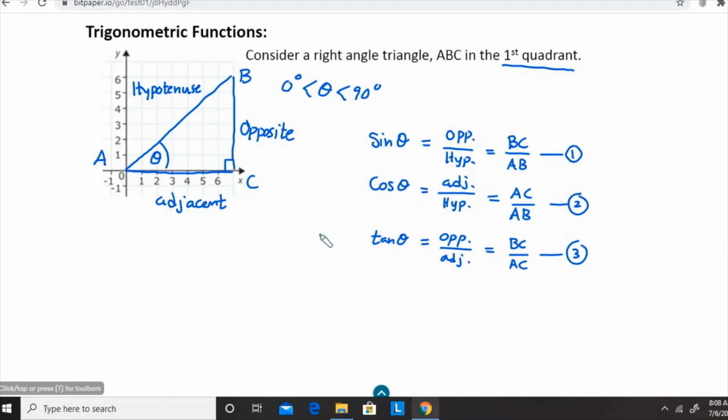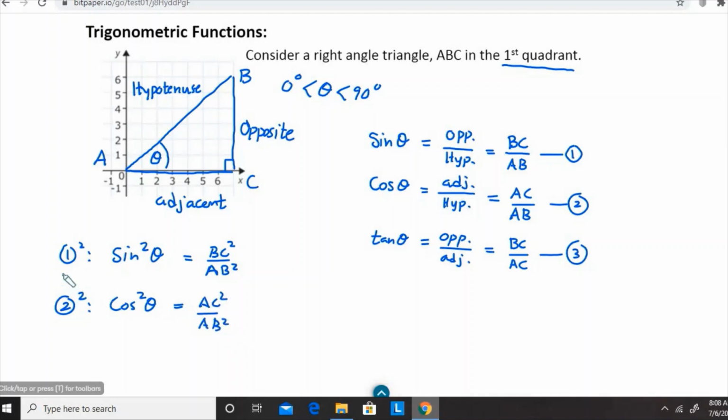Now let's square equation number 1 and equation number 2. If we square equation number 1, I'm going to get sine squared theta equal to BC squared over AB squared. And when I square equation number 2, I'll get cosine squared theta equal to AC squared over AB squared. Now I'm going to add these two together.